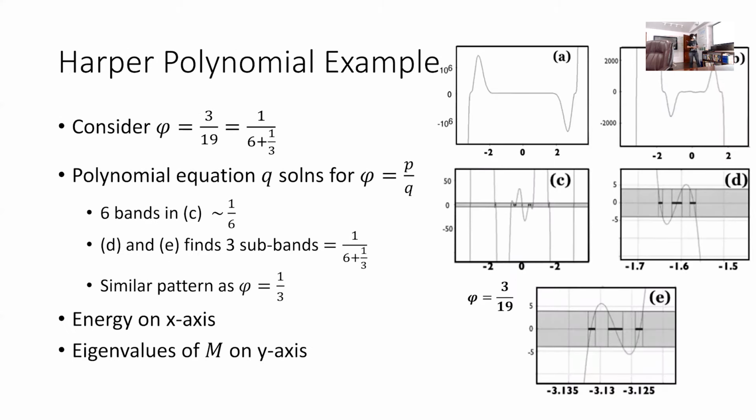So now let's look at another example to get into some of this continued fraction stuff and analyze this concept a little deeper. So we could consider something like 3/19, which you can think of as being 1/6 plus 1/3. And what this shows you is you should get this notion of a sixth coming out, but also this notion of a third. So what might that look like?